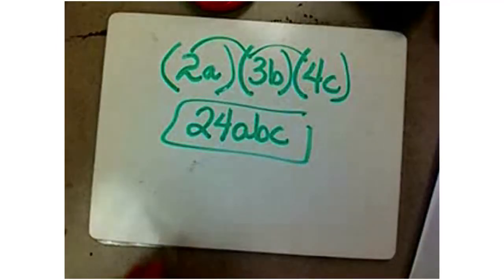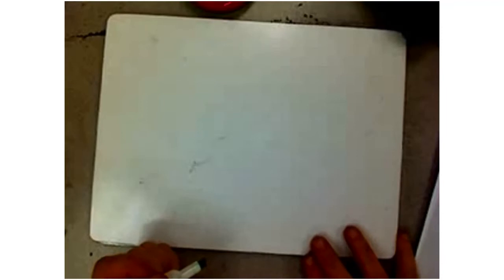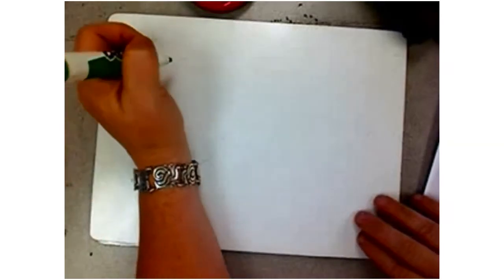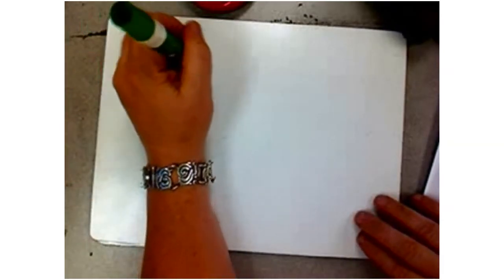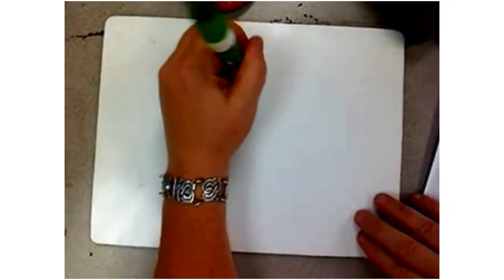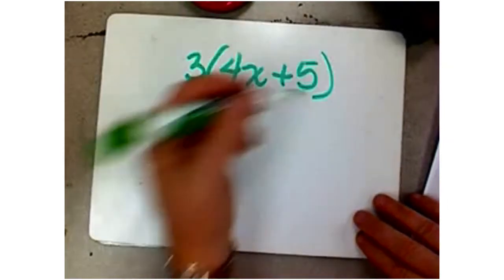All right. Then it discusses at the bottom of page 189 the distributive property. We worked on this before. Now we're going to work on it with variables. As on page 190, there's an example of 3(4x + 5).